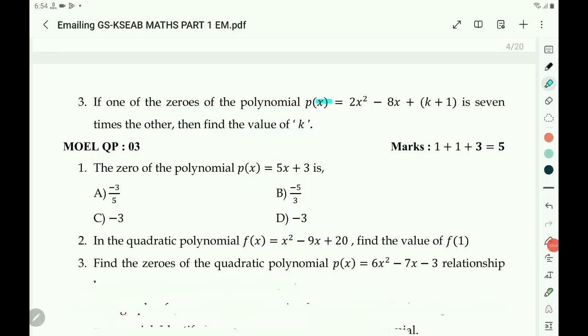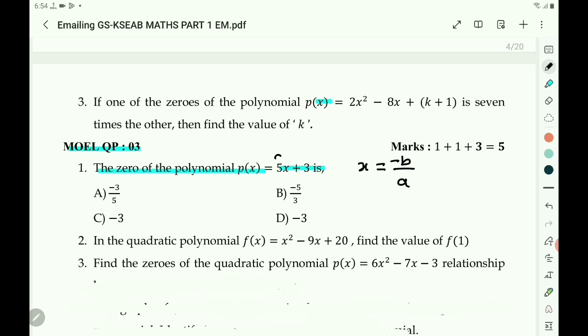Now let us come to the model question paper 3. First question, the zero of the polynomial p of x equals 5x plus 3 is. It is a linear polynomial which is in the form ax plus b. For a linear polynomial, x equals what? Minus b by a. X equals minus b by a.